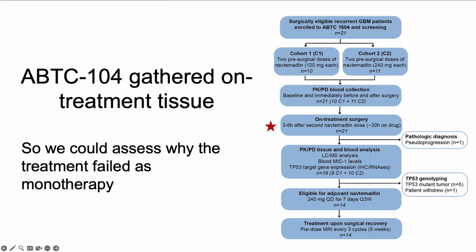So again, going to the structure of the trial, there was this on-treatment biopsy that was being done, right? So this is something that is being done increasingly, fortunately, window of opportunity trials, where you give the drug for a little while and then you do a biopsy. And one of the reasons for the biopsy is to figure out, did the drug actually make it into the brain for brain tumors? But we realized that you can do a lot more things than just that.